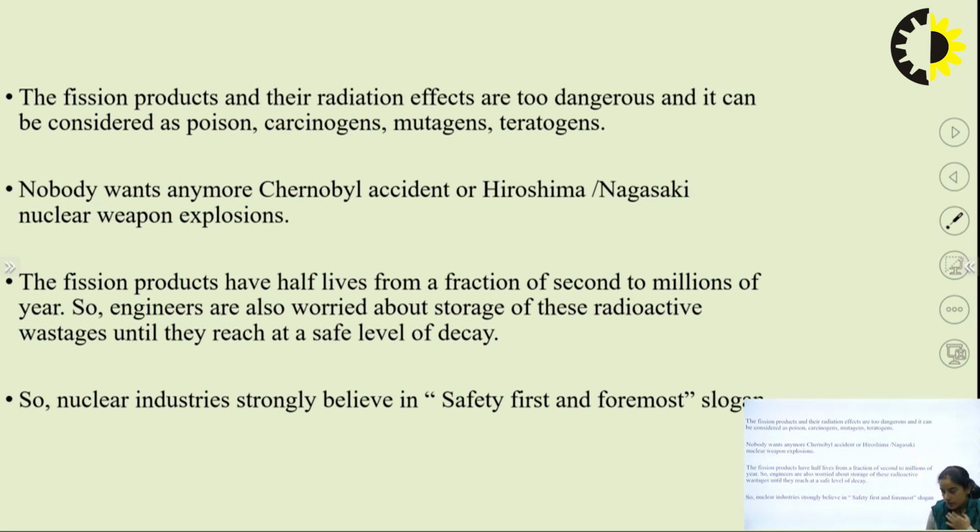For all nuclear plants, the main slogan for their working is safety first and foremost, because nobody wants any other nuclear incidents, those for which we are already seeing the consequences.